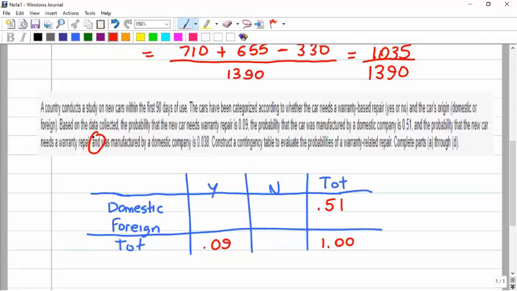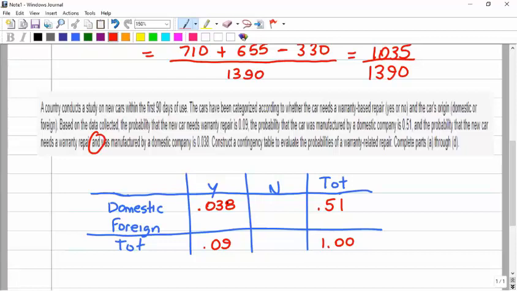That's going to be where domestic meets yes, needing a repair. However you label it will be different. You could put foreign across the top and domestic below, that would have been okay, as long as you put this number where domestic meets yes. So it gave us that information.